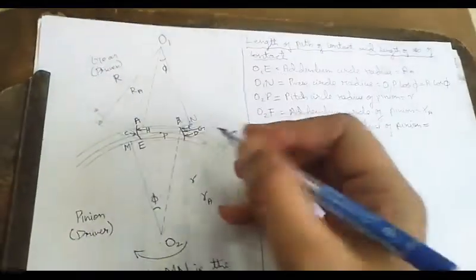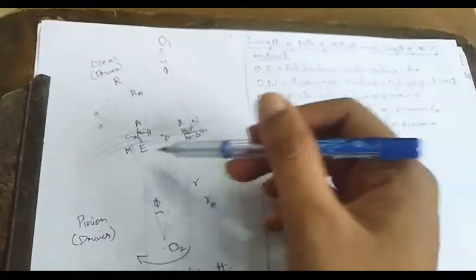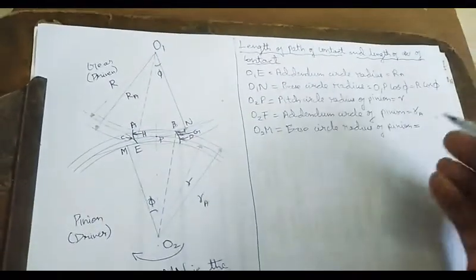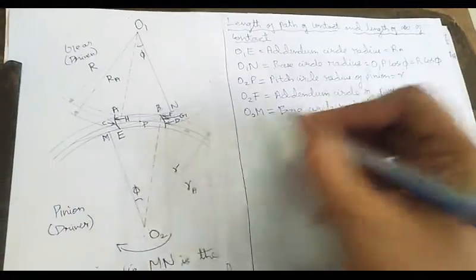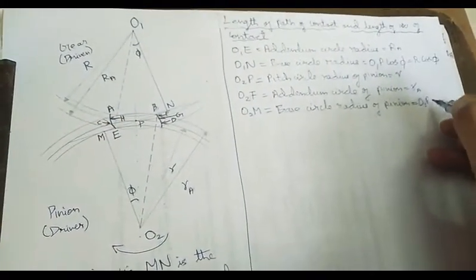Since O2MP is a right angle triangle, we can write O2M is equal to O2P cos phi.